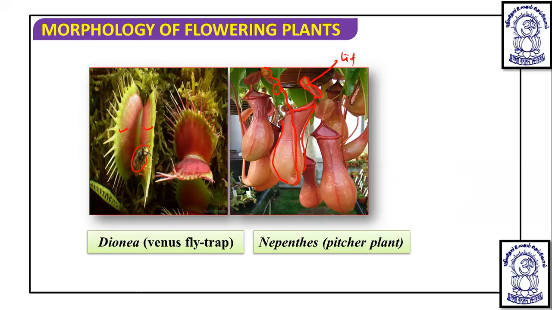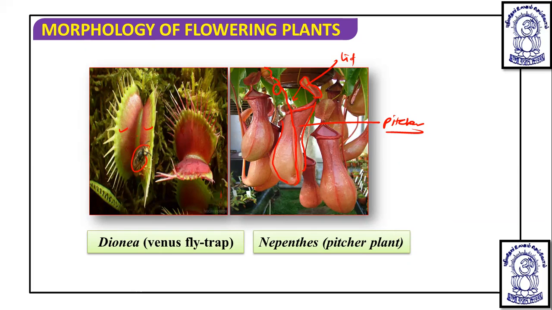Okay, so when the insect sit over here periphery and get slipped inward, this lid get closed, and within this pitcher the killing of this insect occurs and nutrition is absorbed.